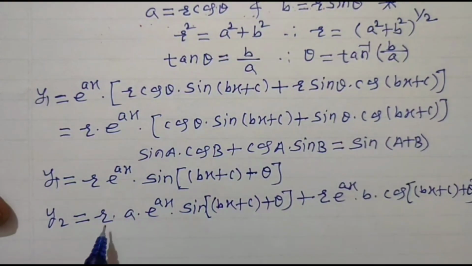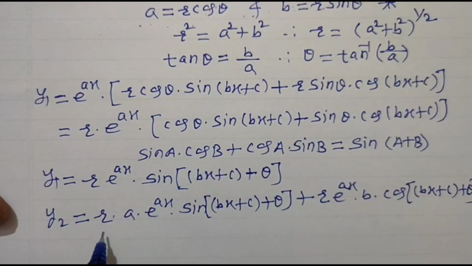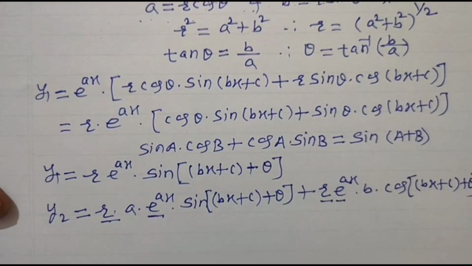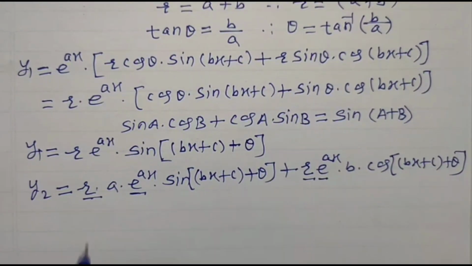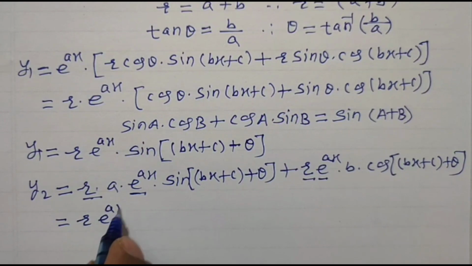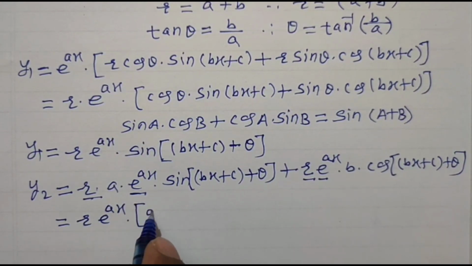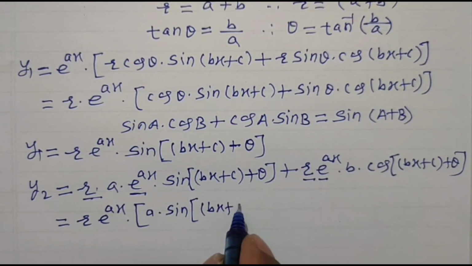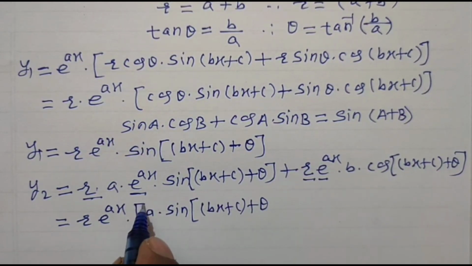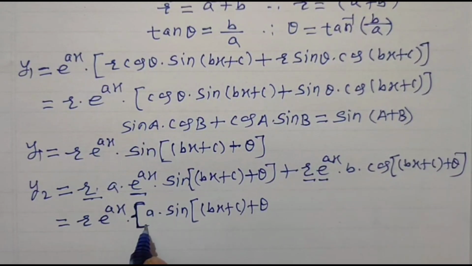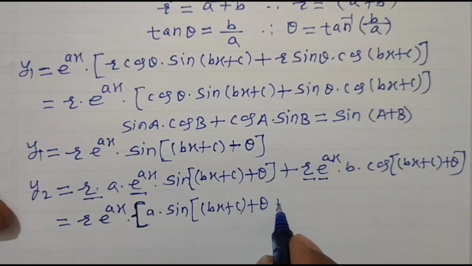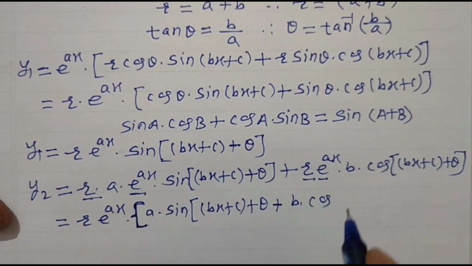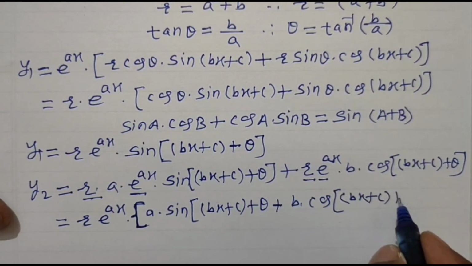Okay, now you can take r e to the power ax common from both the terms. Then this is equal to r into e to the power ax into bracket remains a into sine of bx plus c plus theta, plus b into cos of bx plus c plus theta.